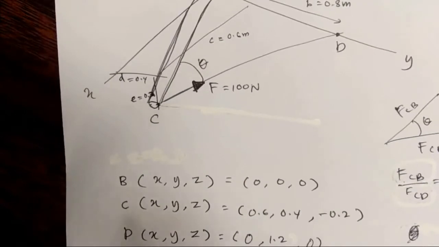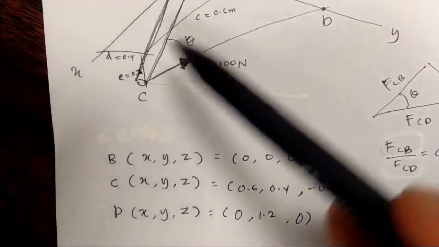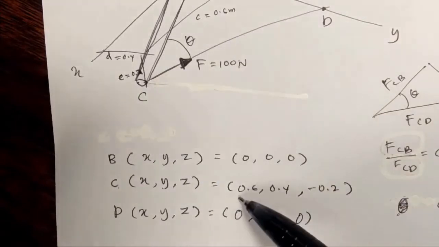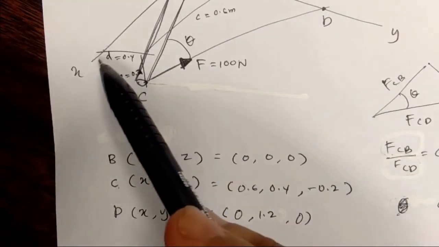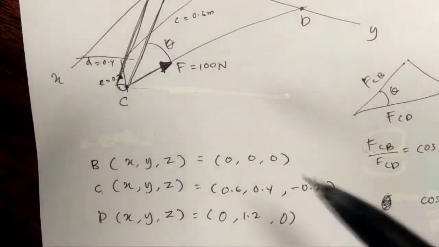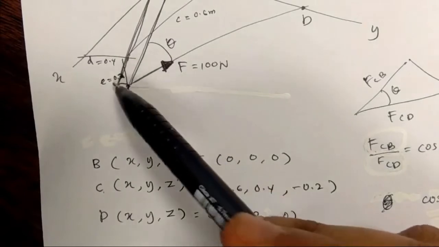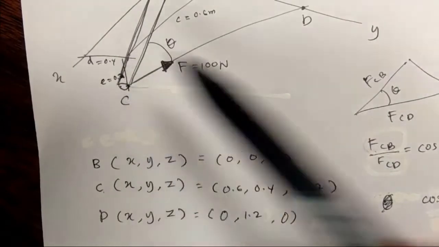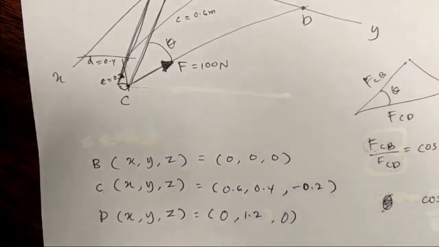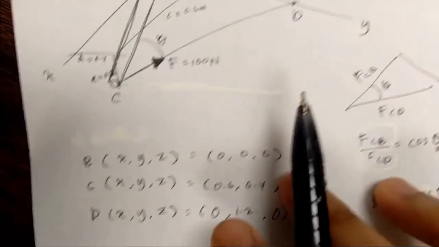And then the coordinate for C: x is in this direction, which is 0.6, y is 0.4, and z is down here, 0.2. Because it is downward, the direction is negative.